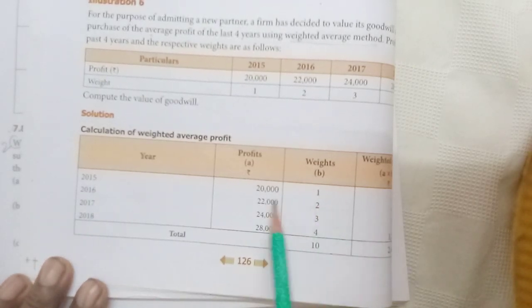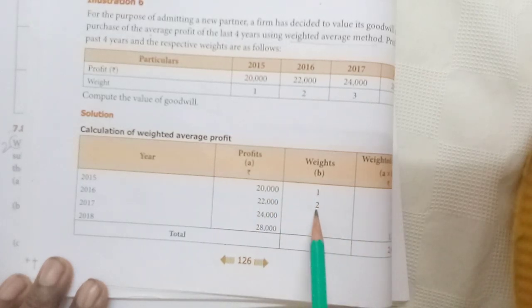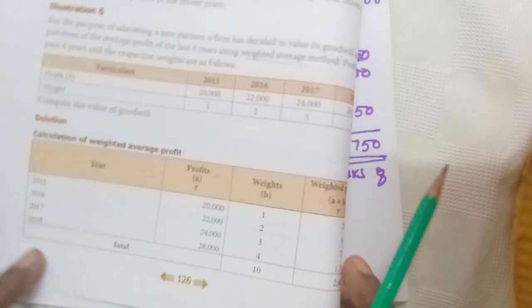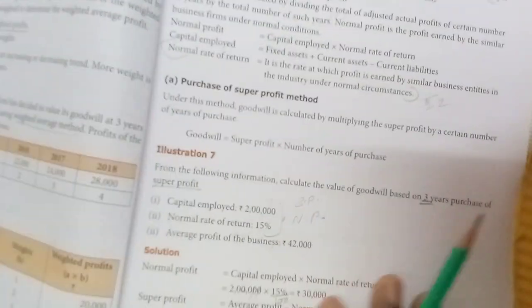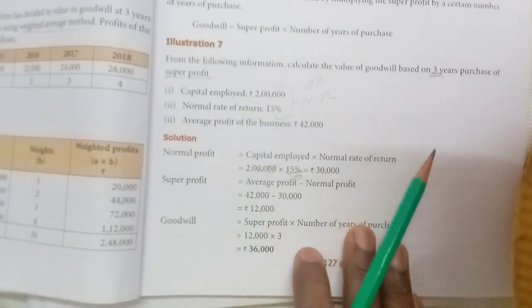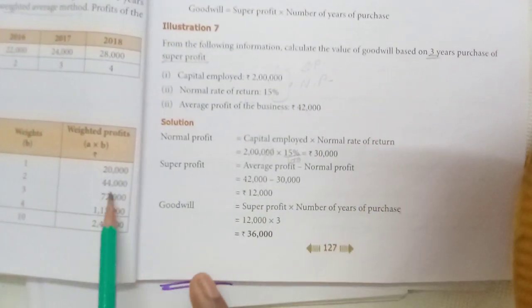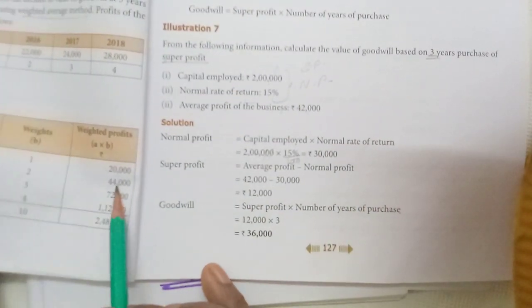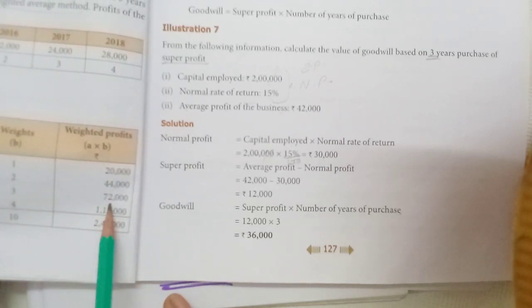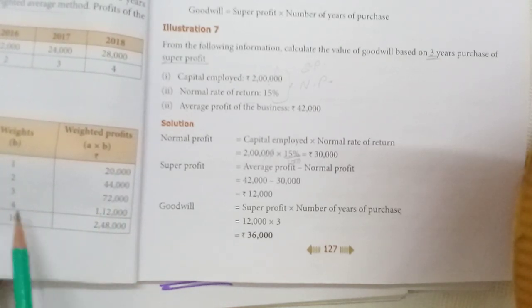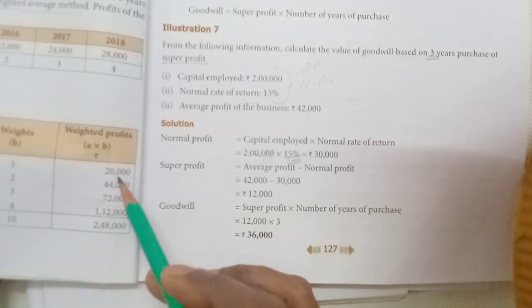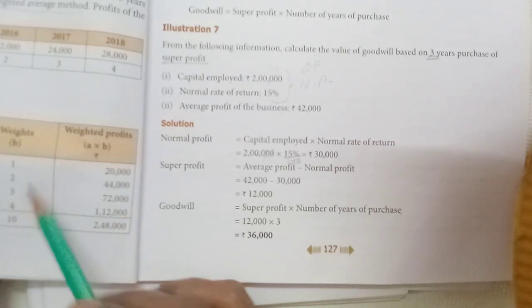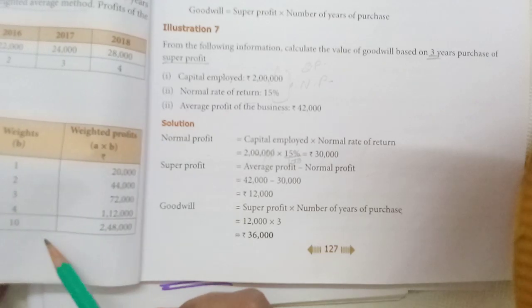Then weight, multiply: 1 into 20,000, 20,000. 2 into 22,000, 44,000. Then 24,000 into 3, 72,000. Then 28,000 into 4, 1,12,000. Then we need to add the total. Weights also you add and write.